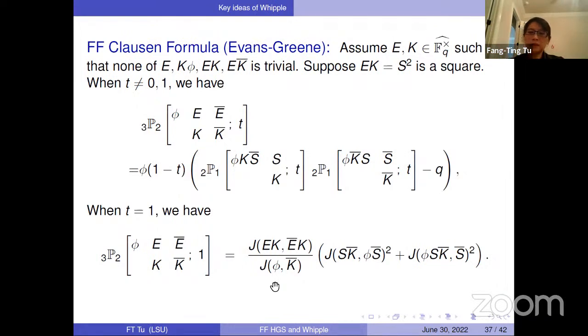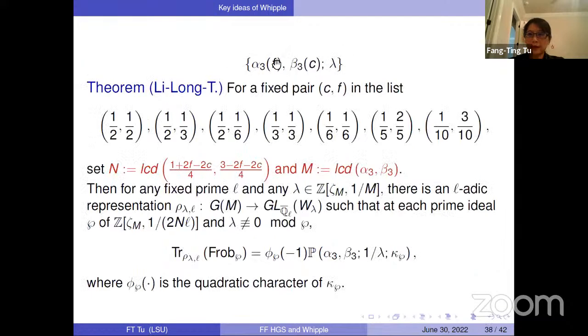In terms of Jacobi sum identities, let's look at the representation coming from the 3P2, the hypergeometric data corresponding to 3P2. Again, these are some setup. We have a degree 3 or degree 2 representation associated to this hypergeometric data.